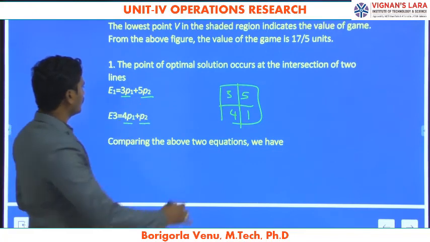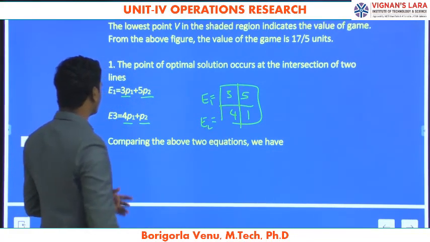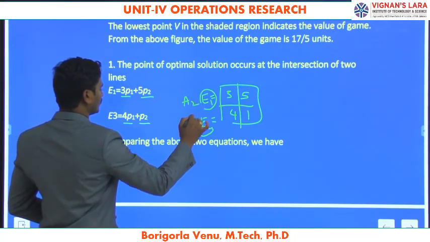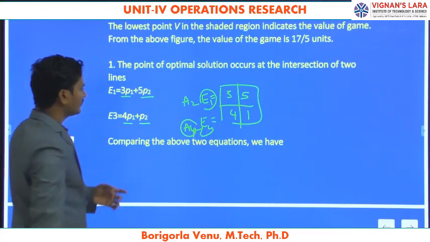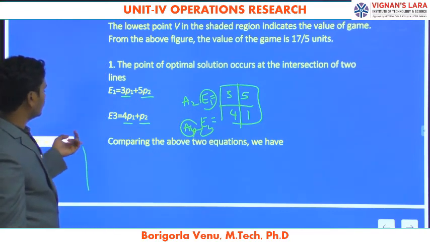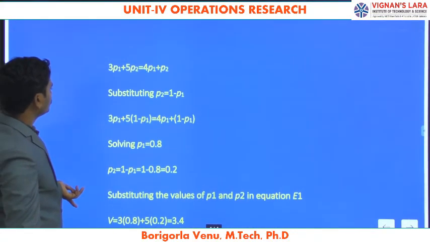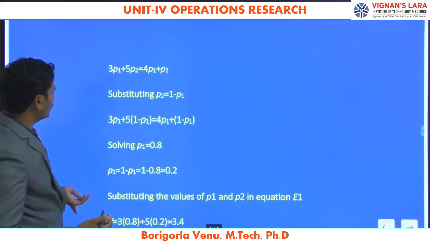Okay, here we are going to calculate E1 and E3 from these points. It means first A2, A4. After equating E1 and E3, we get the P1 and P2 values.